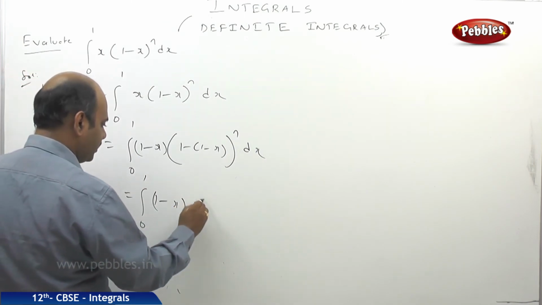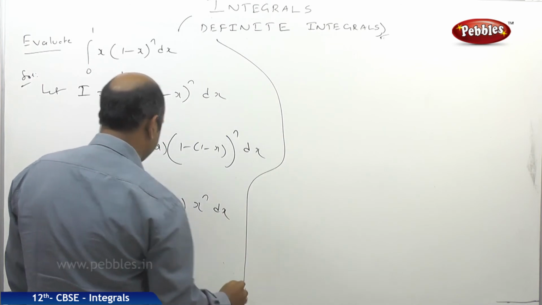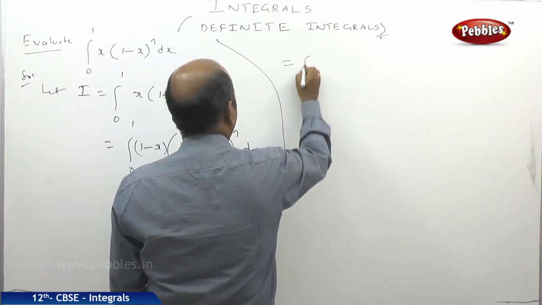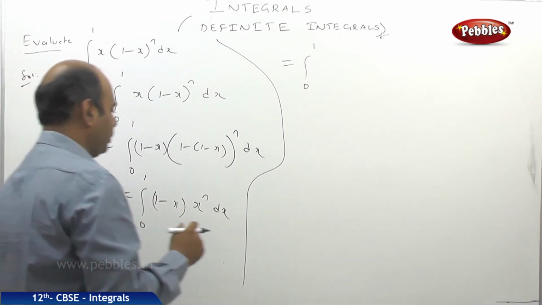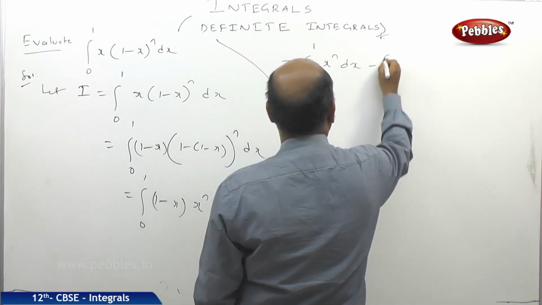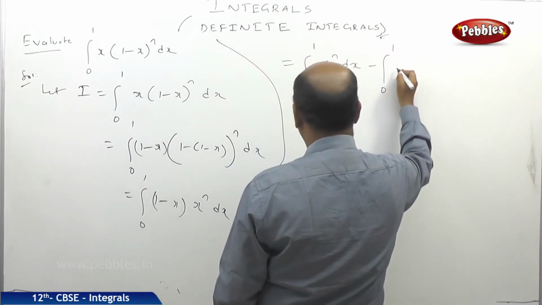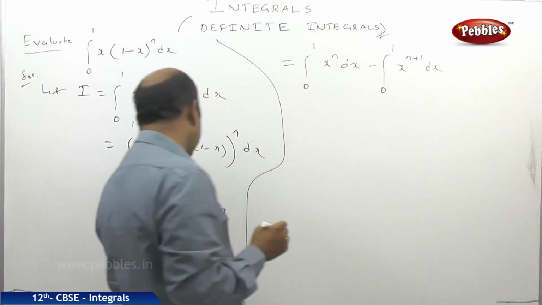There remains x power n dx. So finally what happens? That is equal to integral of 0 to 1 x power n into 1 will be x power n dx minus integral 0 to 1 x power n plus 1 dx.